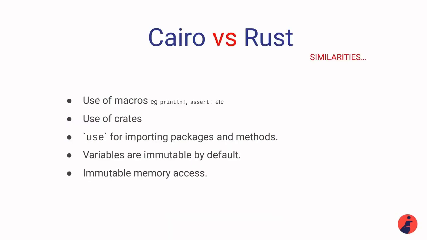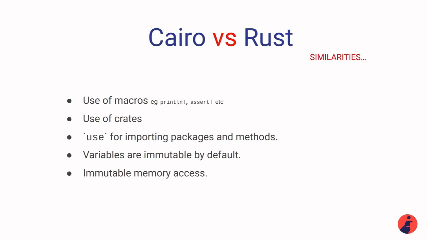So let's compare Cairo and Rust in terms of similarities. We look at how they are similar, and then we also look at the differences. First, both languages make use of macros. Earlier we used to have print on Cairo.